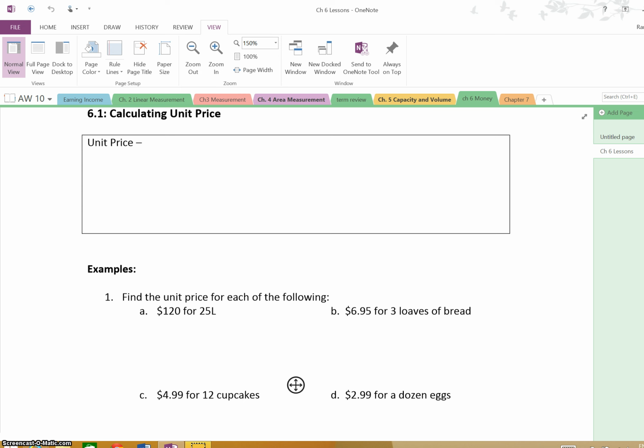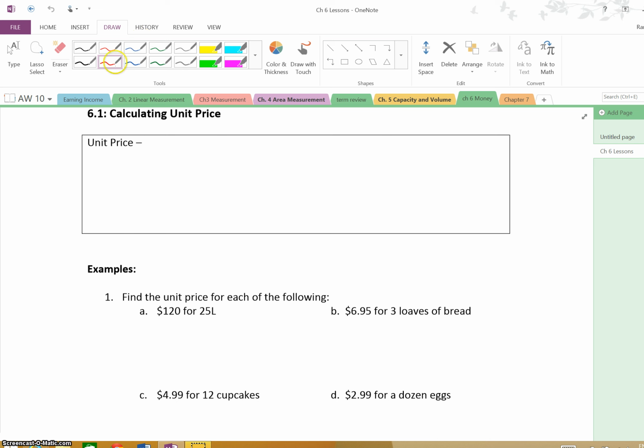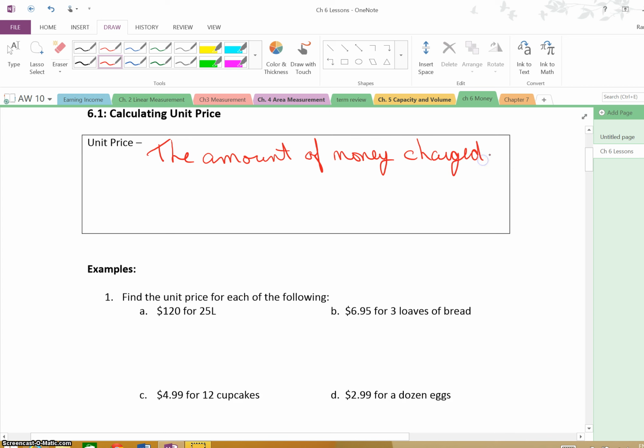Today we're going to take a look at calculating unit price. Basically, unit price is the amount of money charged for a unit of an item.